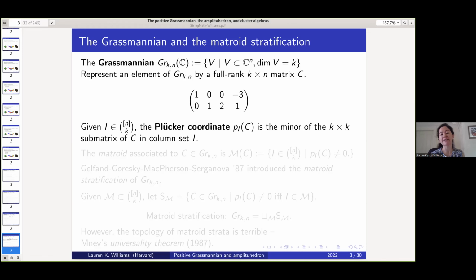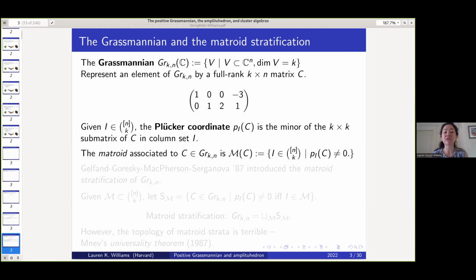If I is a k-element subset of the numbers 1 through n, then the Plücker coordinate P_I of C is the minor, the determinant of the k by k submatrix of C in column set I. I've shown here a 2 by 4 matrix C, and then we have 6 different Plücker coordinates, and the set of Plücker coordinates gives us an embedding of the Grassmannian into projective space.